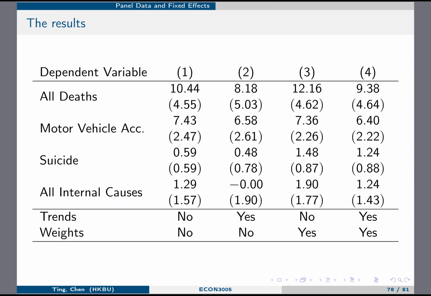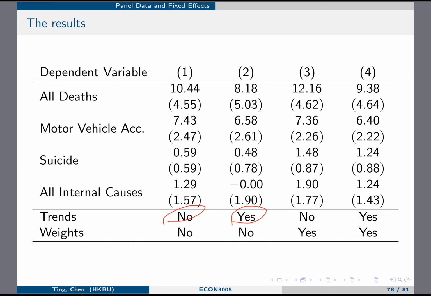So let's only look at the first two columns because we don't care about whether we weight the regressions or not now. For the two columns, the first one is without the control for the state-specific time trend. The second one will be with the control.